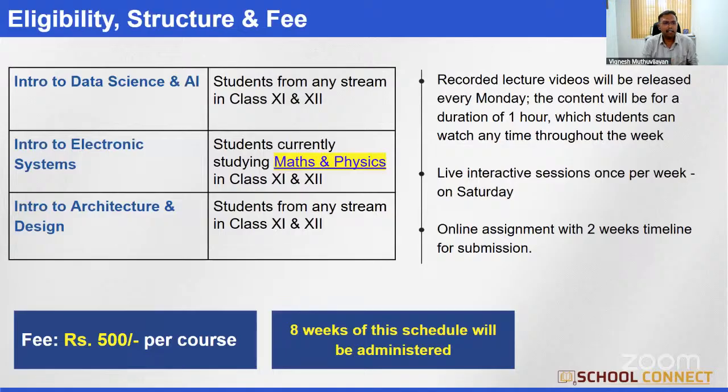As you already know, here are some basic criteria which we use. For students, we have restricted it to class 11 and 12 students only. I know some of you have written to us asking whether students in class 10 or even lower could do this. We have still restricted it to class 11 and 12 because we believe that is when they will be able to appreciate what is being taught in these courses.